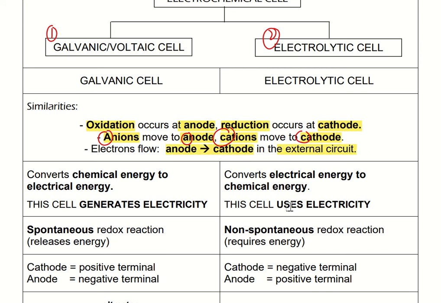The galvanic cell converts chemical energy to electrical energy, while in the electrolytic cell electrical energy is converted to chemical energy. So the galvanic cell generates electricity, while the electrolytic cell uses electricity. The galvanic cell has a spontaneous redox reaction, while the electrolytic cell has a non-spontaneous redox reaction.